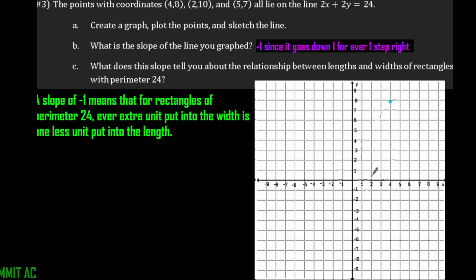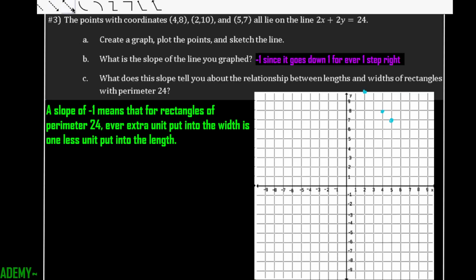And then I go 2 to the right, 10 up. And then I have 5 to the right and 7 up. And they should all fall on a straight line because it's a linear function. And be able to graph that line through those points. So something like this maybe. Perfect.